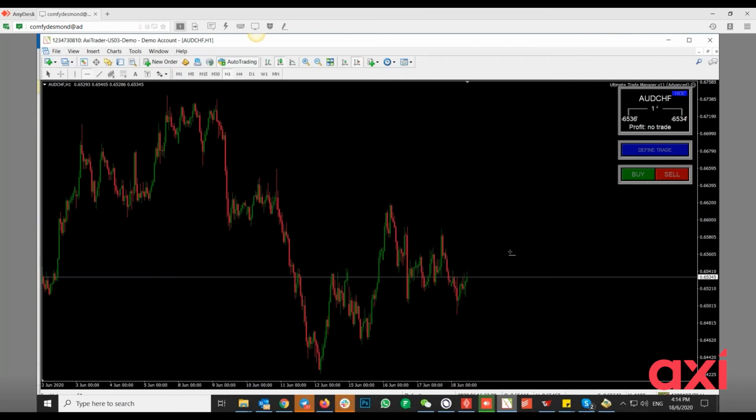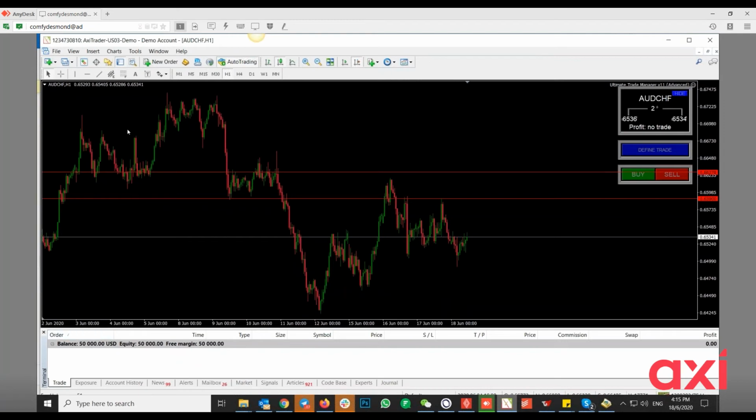I'm going to put some key points here. Our entry is over here, I'm not sure if you all can see it, it is 6590. Our stop loss, we're going to put it slightly above here, it's 6627. So I think that is 37 pips.